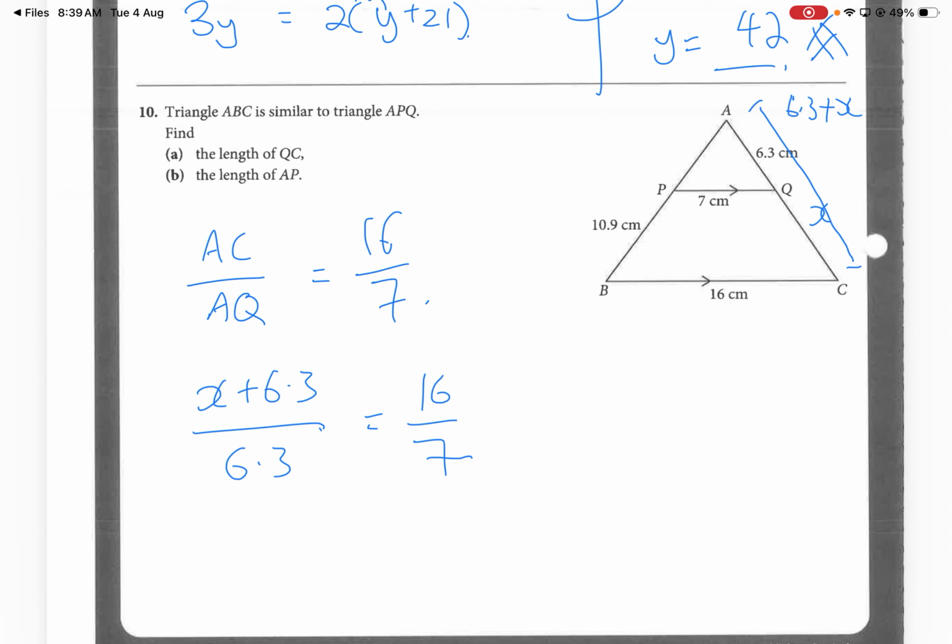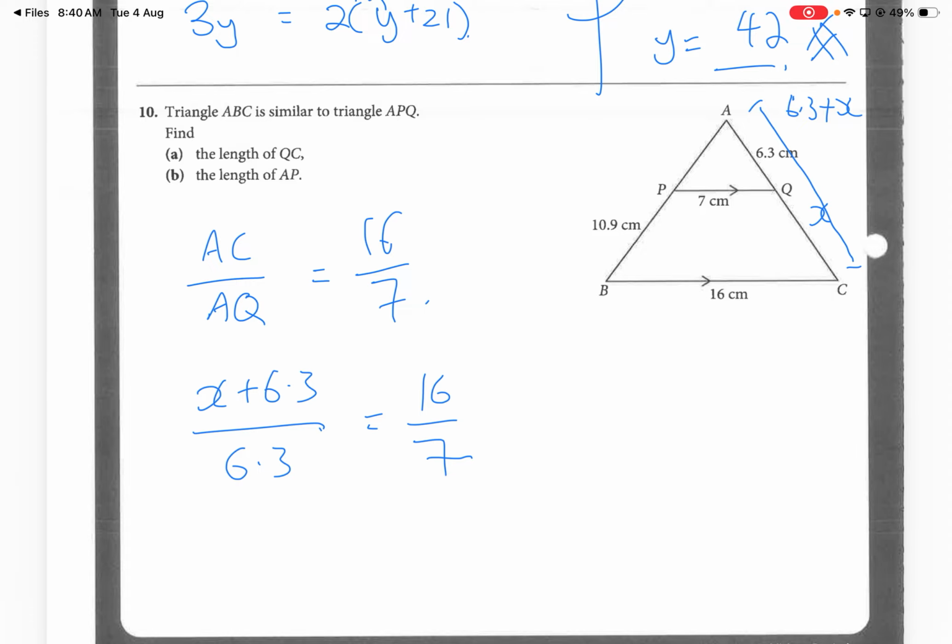So you must know which are the corresponding sides first. ABC, APQ. So AP corresponds to AB, PQ to BC, AQ to AC. Be very clear about all your corresponding corners and your sides first.